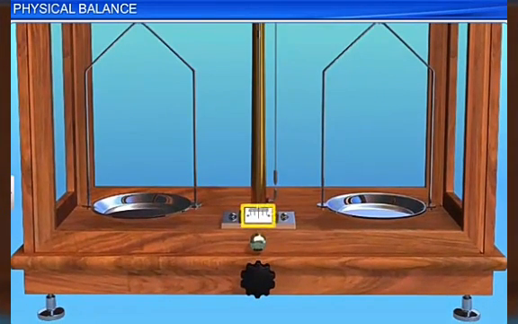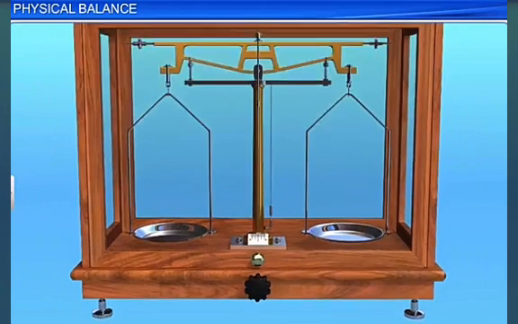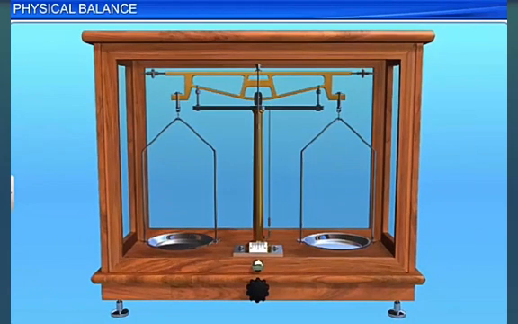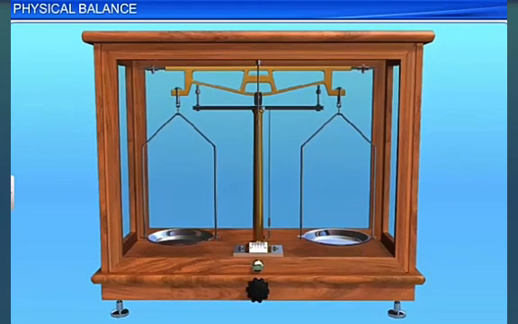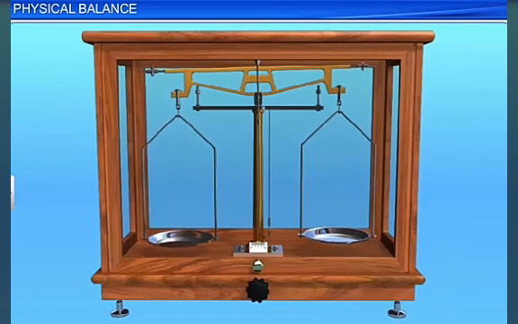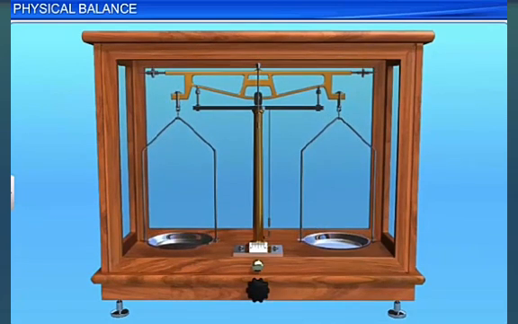The pointer coincides with the central point on the scale for empty pans when the masses of the two pans are equal. The beam can be released or arrested by turning a handle attached to the wooden base below the pillar. To avoid wear and tear of the knife edges, the beam of the balance is made to rest on the rigid metal support fixed to the pillar.